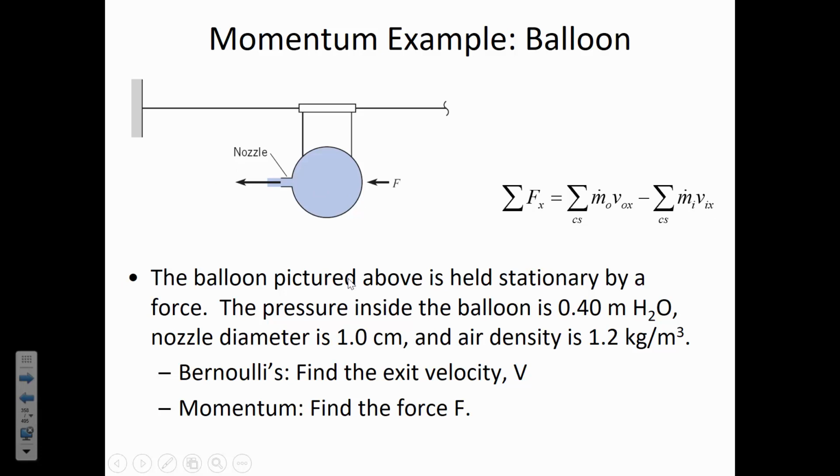In the problem statement here, it's mentioning the pressure inside the balloon in terms of meters of water. It says that the pressure is 0.4 meters of water. Normally we measure pressure in pascals or newtons per meter squared, but it's fairly common for pressures to be described in terms of a height instead.